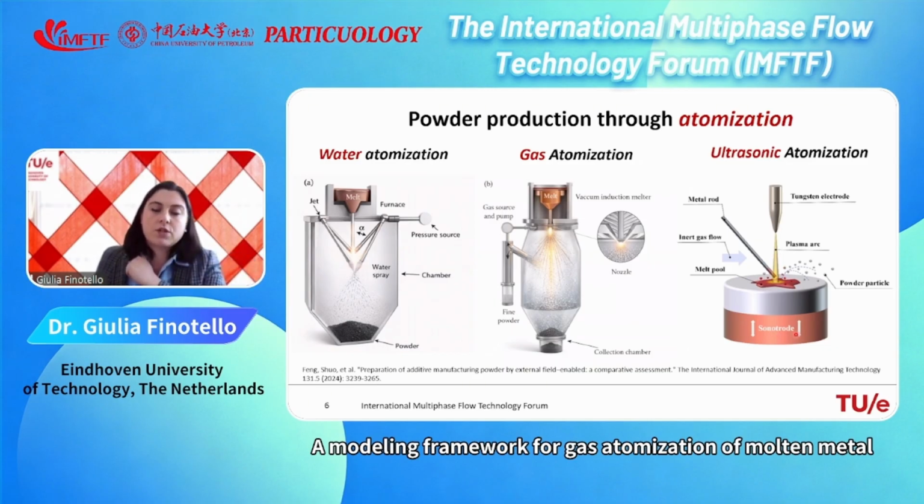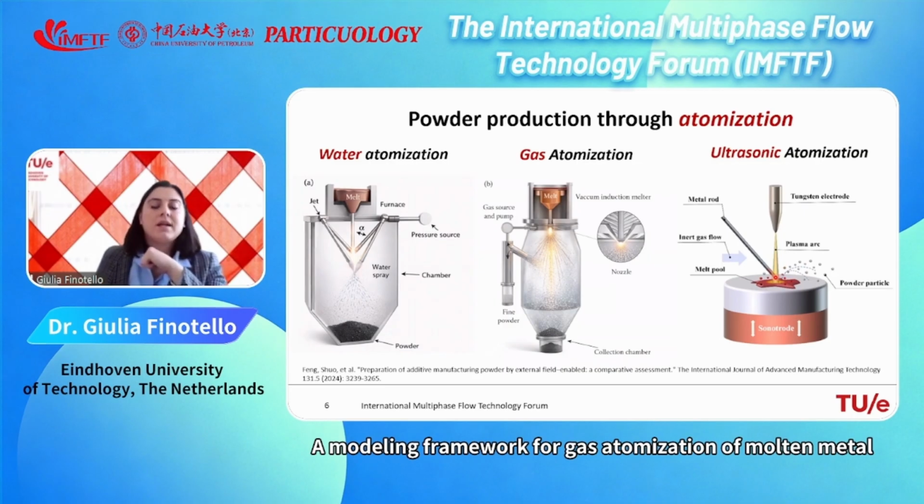On top of this sonotrode, you have a disc, which is of course connected, so it is also vibrating up and down. In this image, I show that there is a metal rod that is used as a feedstock, as a source for our metal. And this metal rod is directly melted with a plasma arc on top of the disc.